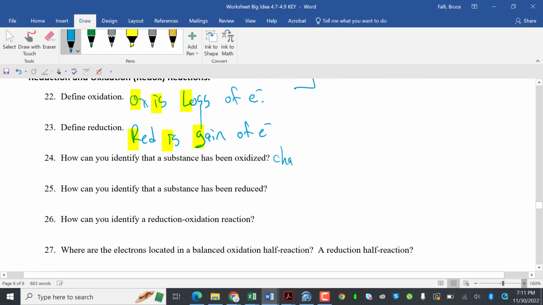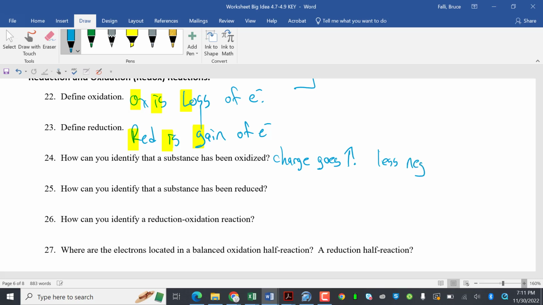The charge, if it's oxidized, it loses electrons, goes up, or becomes less negative. How can you identify a substance reduced? Charge goes down, or becomes less positive.